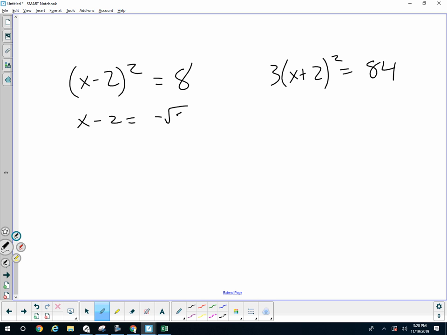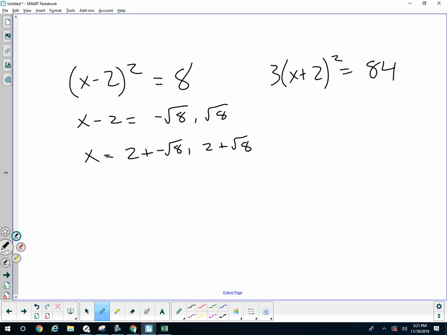I like the negative root 8 and the positive root 8. Then, when I square root, this squared's gone, I add 2 to everything. So I'll have 2 plus negative root 8 and 2 plus positive root 8. That's it. Those are my answers. Does that have to be listed in that order? No, any order. But these are my 2 answers. 2 minus root 8, totally fine, right?